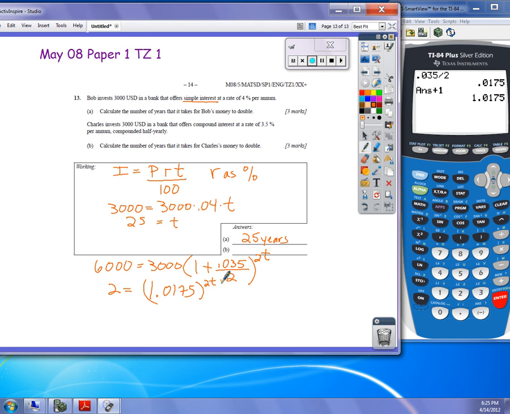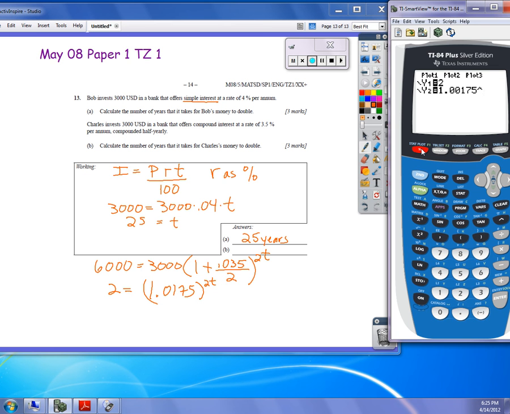Right here you can just put this into your calculator. You can say y equals 2, and then in the second equation I've got 1.0175 to the power of, and make sure that you put the exponent in parentheses, 2x. Time is our variable, so instead of a t you'll just have an x. And close the parentheses.